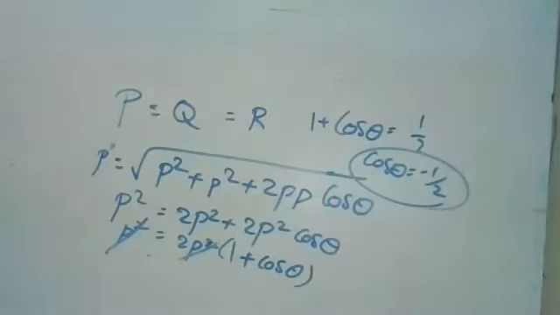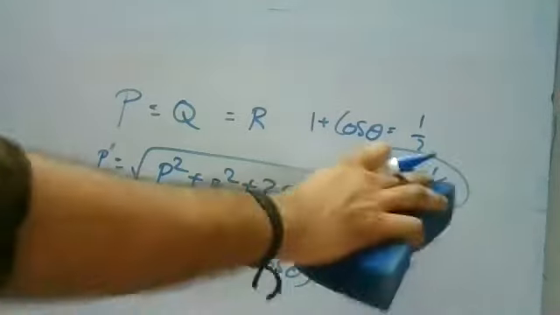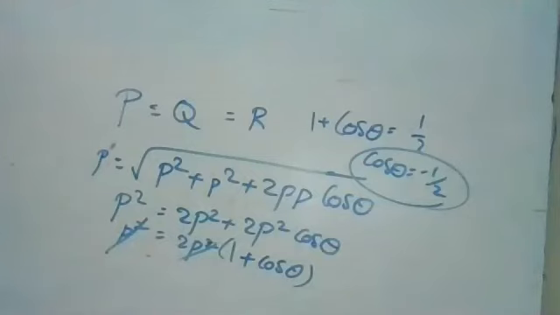Those who know the trigonometry can do it. Find the cos theta here, and find out the theta value. So 1 by 2, which angle will come? Cos 60 degrees is 1 by 2, correct? But it is minus.